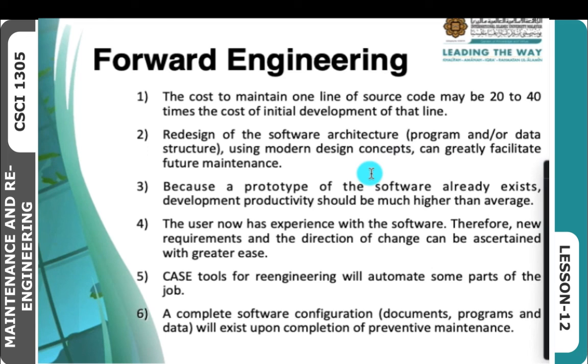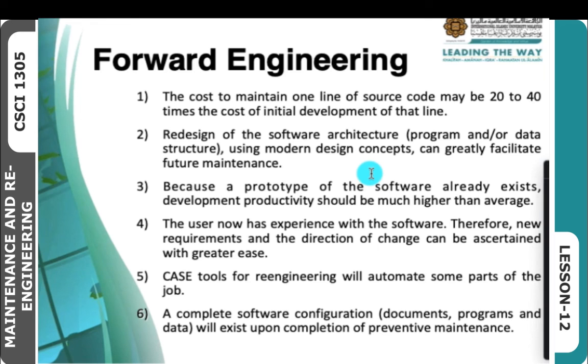Because a prototype of the software already exists, there is an existing system, so the prototype is there. Development productivity should be higher than average. The user now has experience with the software, therefore new requirements and the direction of change can be ascertained with greater ease. CASE tools for re-engineering will automate parts of the job, and a complete software configuration will exist upon preventive maintenance.